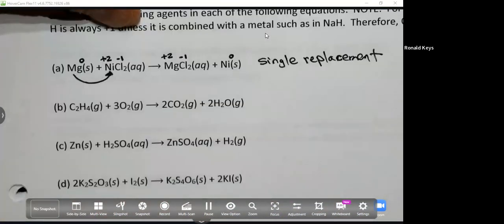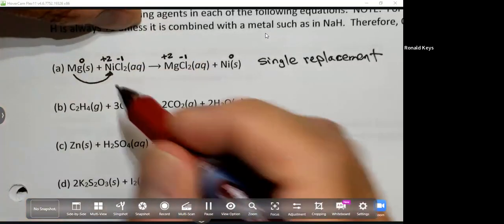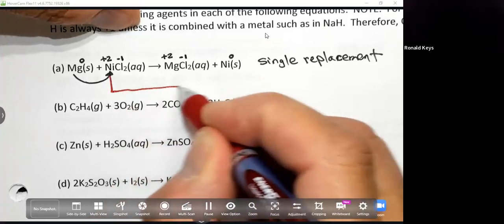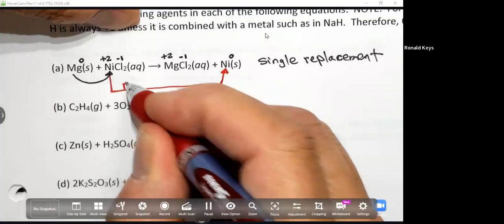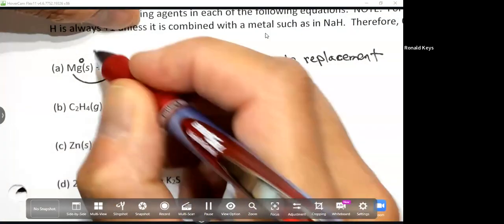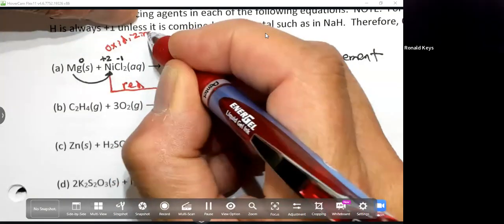Where's reduction? Which one's becoming more negative? Nickel is, right? We are going from +2 to 0 for sure. That's my reduction. That means this is my oxidizing agent.